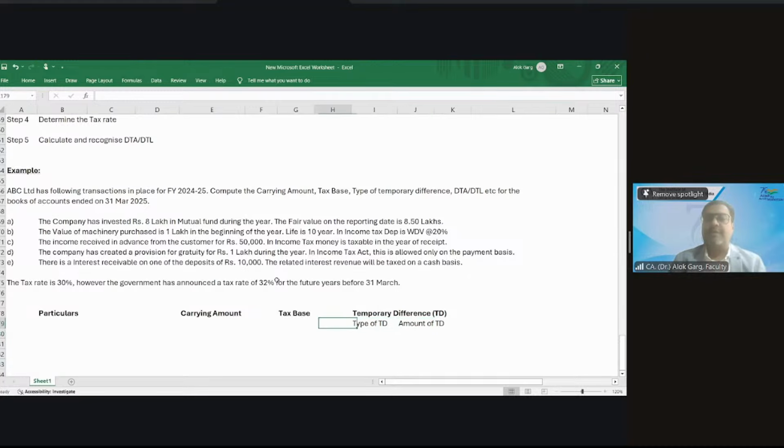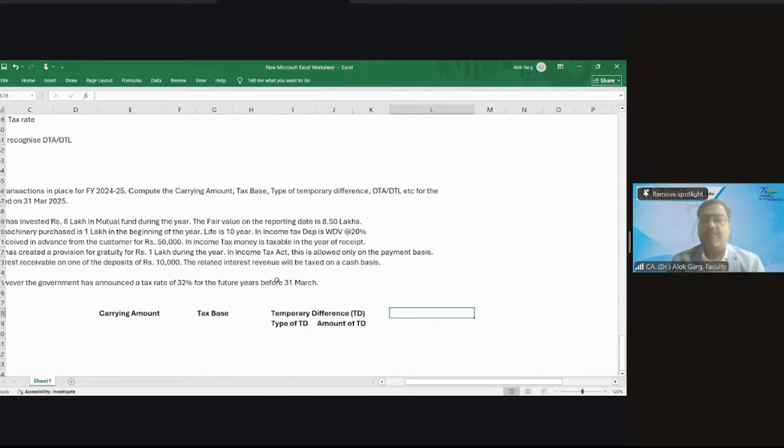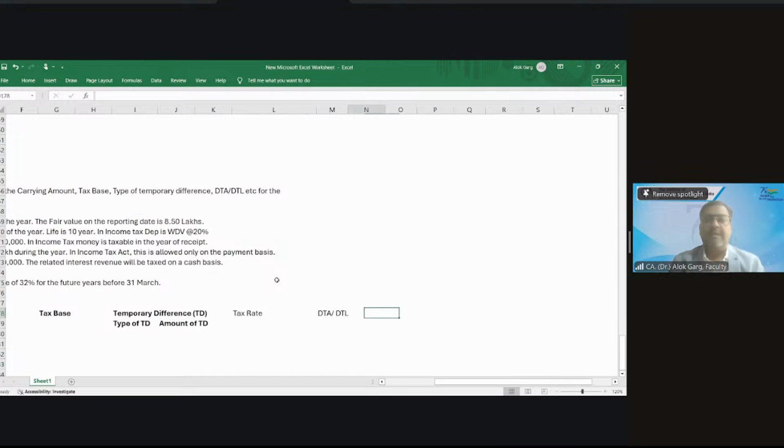Then my tax rate, and then my DTA or DTL amount. Type means is it a DTA or DTL; amount means amount of DTA or DTL.